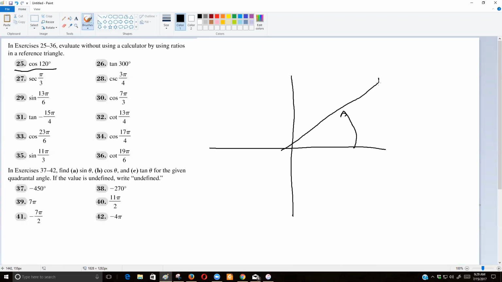We also have to remember that pi over 3 is the same as 60 degrees. So we've got another 30-60 right triangle going on. If we want to work on the unit circle, let's not. If this is the 60-degree angle, pi over 3 angle, this will be the √3, this will be the 1, this will be the 2.